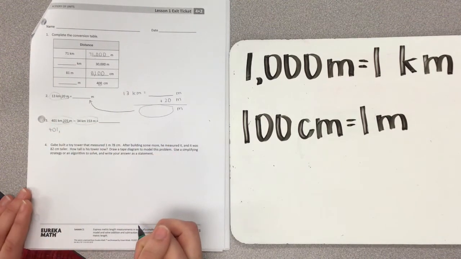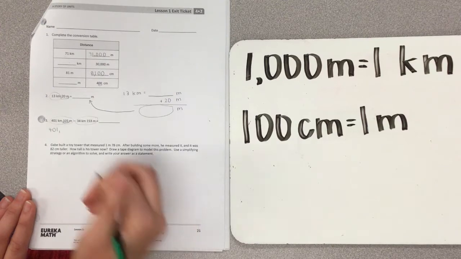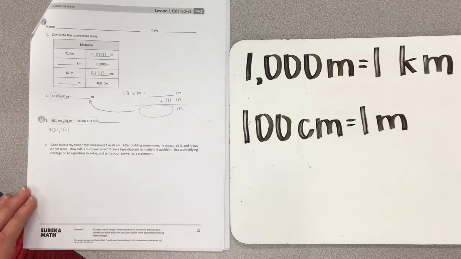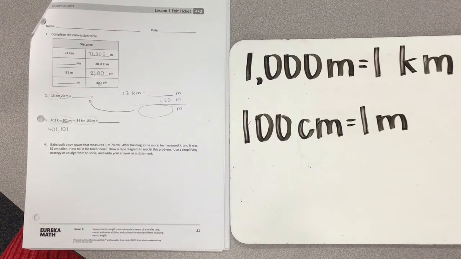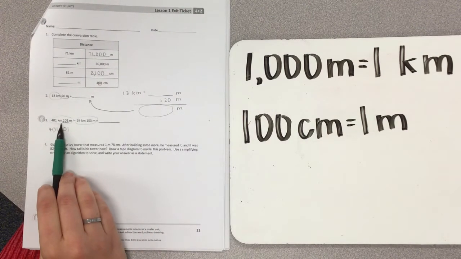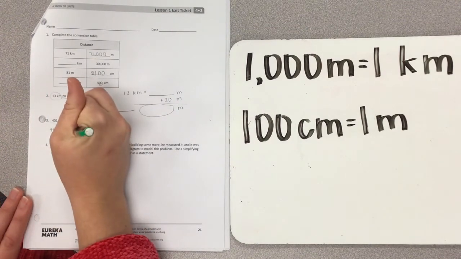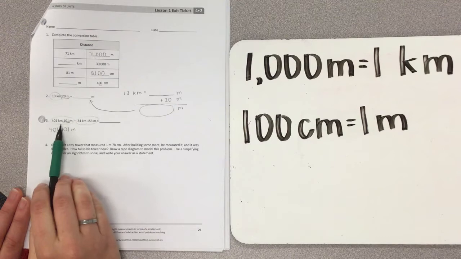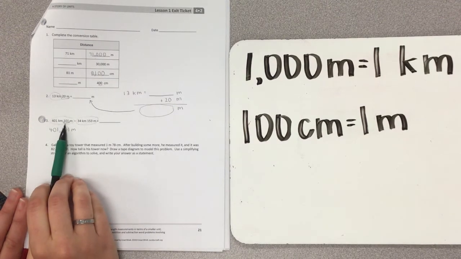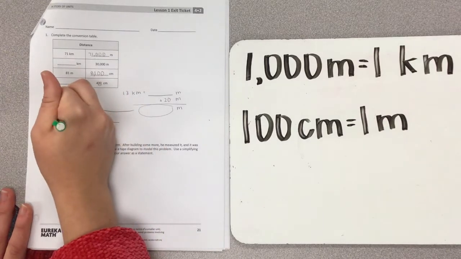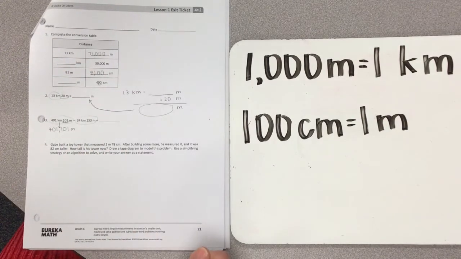I have another 101. So I'm actually going to put those 101 at the end of my number. 401 kilometers, 101 meters is the same as saying 401,101 meters. That kilometers basically turns into a comma.